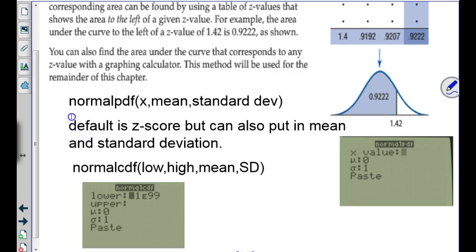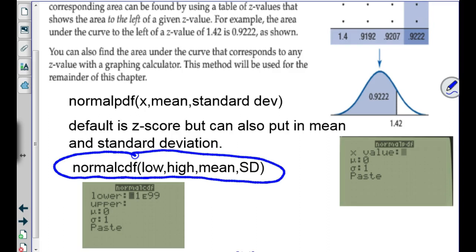The default is set to use z-scores, but you can actually put in the mean and standard deviation as well. This is what we're going to use, normal CDF, and it is CDF, not PDF. PDF will just tell you the probability of hitting exactly one number. CDF is when you want to combine all the numbers below there or above there. So what's the probability I get a score below 17? Then you want everything below there. So that's why you're using CDF.